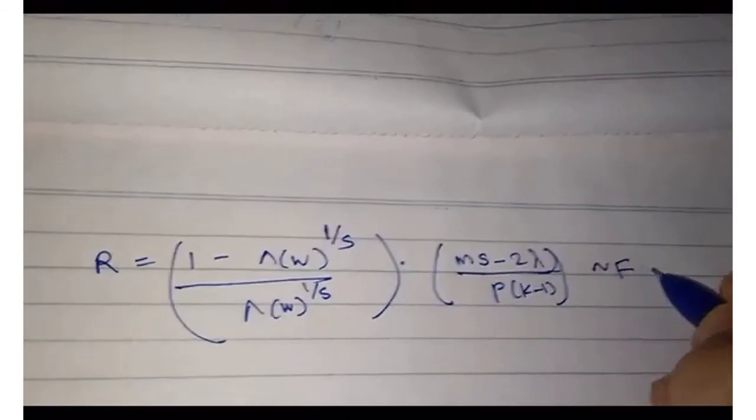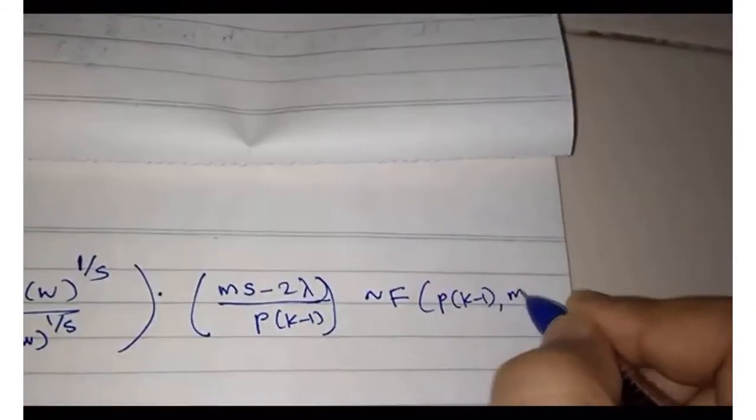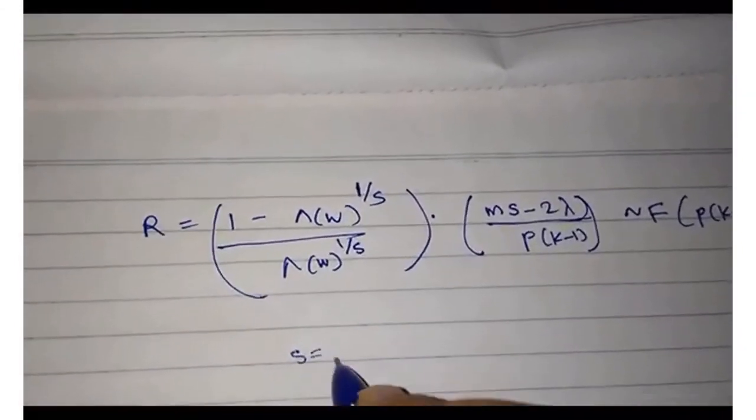This follows F with p into k minus 1 and ms minus 2 lambda, where s is some complicated form.